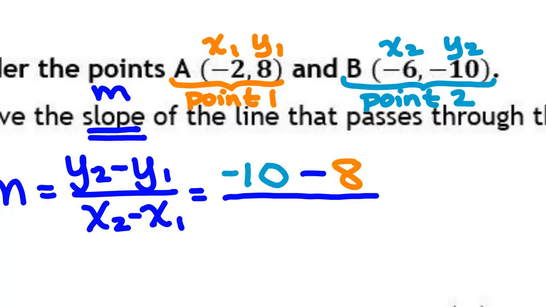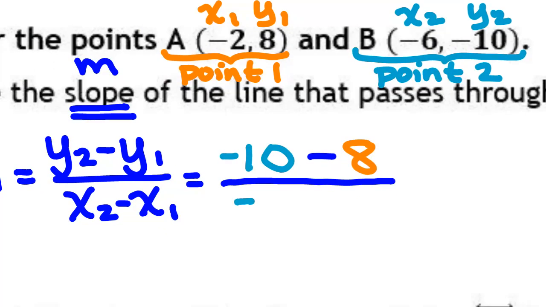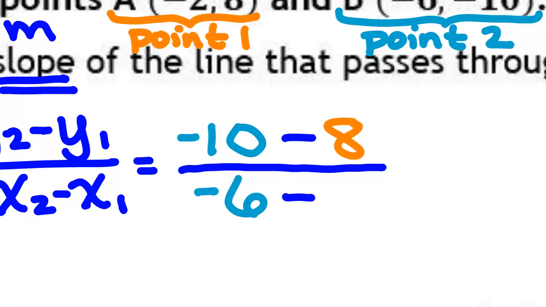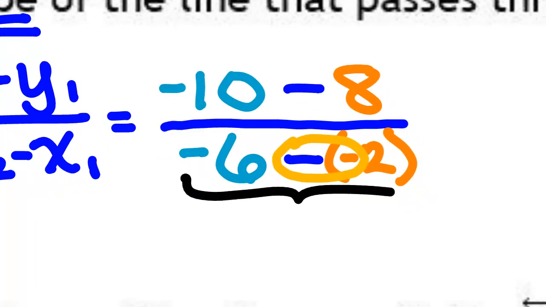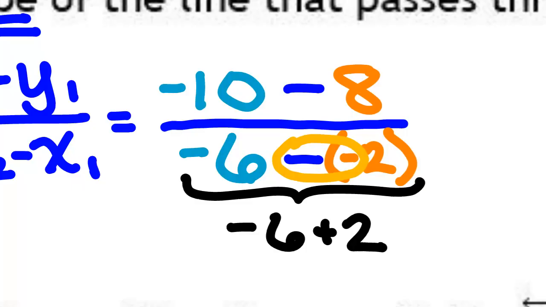Over, what goes in for x2? -6. Bring the subtraction sign over. What goes in for x1? -2. Keep in mind, the minus sign that I wrote in blue is part of the formula, but then x1 is a negative number. What happens when you subtract a negative number like this? It becomes positive. So this right here is really -6 plus 2.